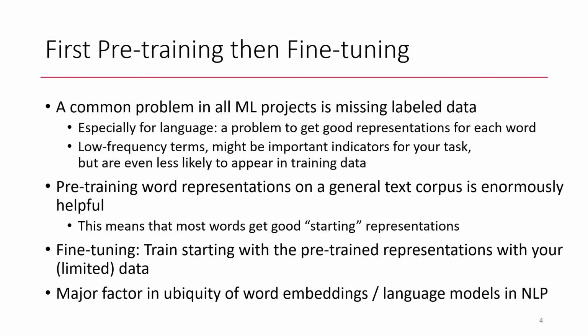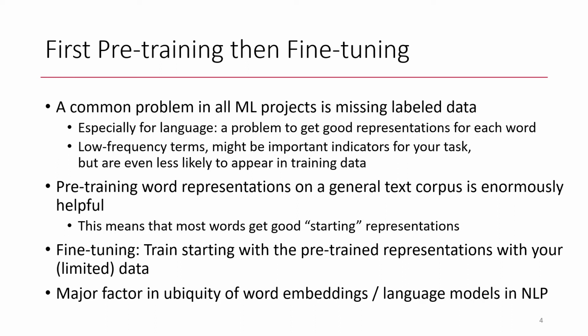So everything where we work with language, we have the problem that we want good word vectors or word representations for each individual word. But there are a lot of words in the English language, so we can't cover all words in a fine-tuning step where we only have our own data, our task-specific data.